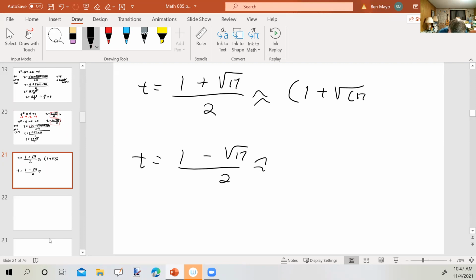Then I'm going to close up that parenthesis. In fact, let's make that one in red. And then I'm going to close up the entire numerator. So I've actually got two sets of parentheses. I've got the one that is around the radicand inside the square root, that is around the 17, and another one that's around the entire numerator, then divided by 2.